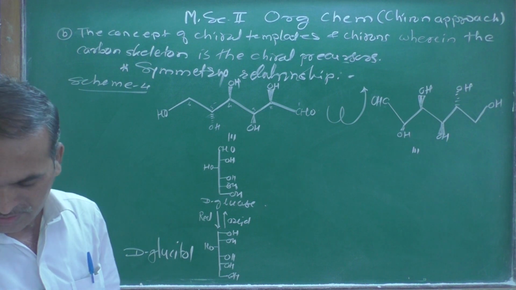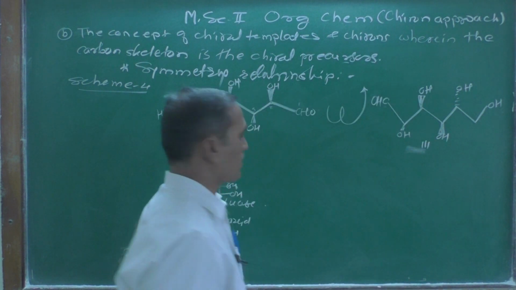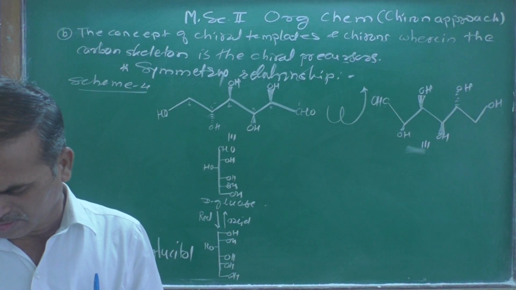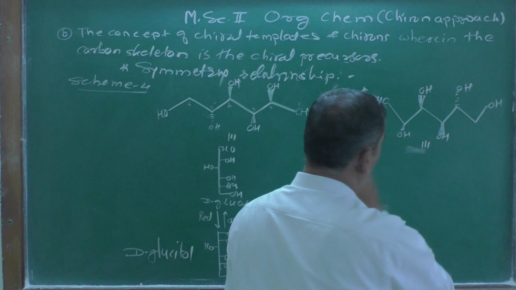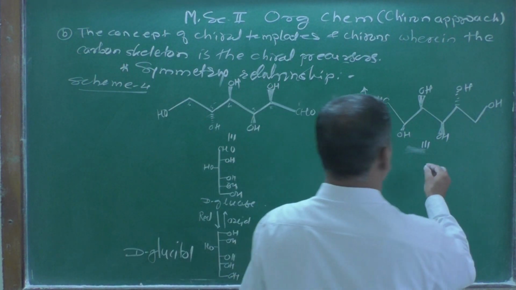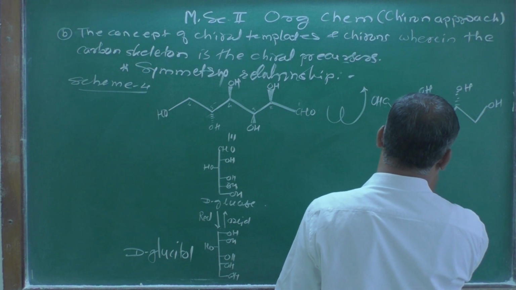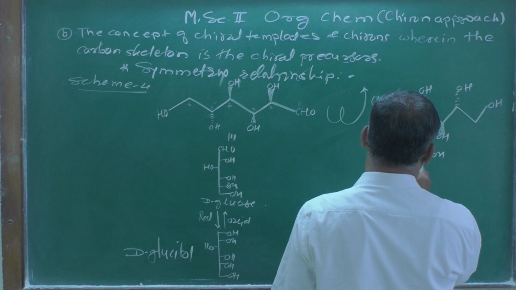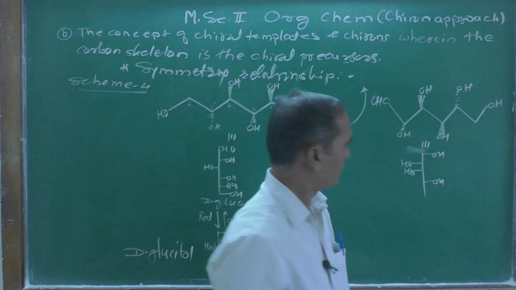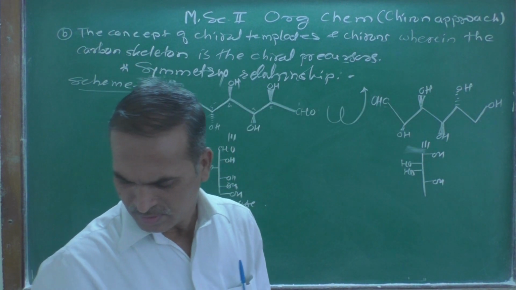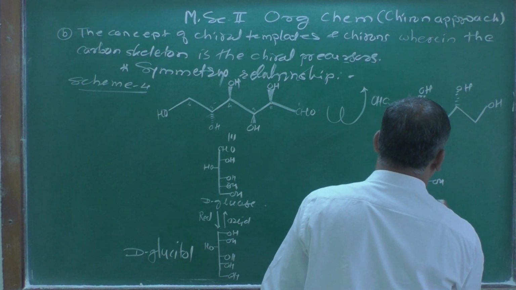Then this we can show here. 3 lines indicate equivalent, and this structure we can write with the aldehyde group at the bottom, and this one above, OH, 1, 2, hydroxy groups on this side, then OH, then OH, another OH here, and the CHO.